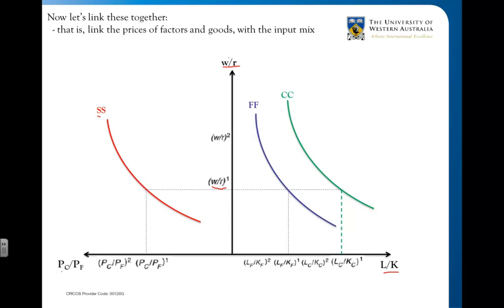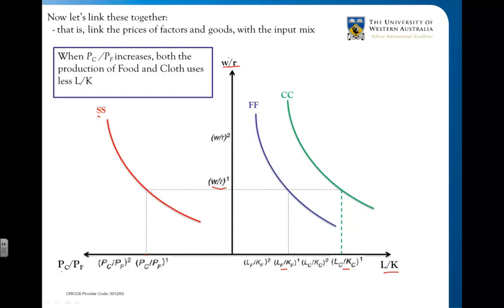Given that we've got a relative price of cloth in terms of food of that, that's the labour capital ratio for food, and that's the initial labour to capital ratio for cloth. Remember, cloth is more labour intensive, so that labour capital ratio is going to be greater than it is for food. Then ultimately, when the relative prices increase, the production of both food and cloth is going to use less labour relative to capital, so the ratio of labour to capital is going to decrease.